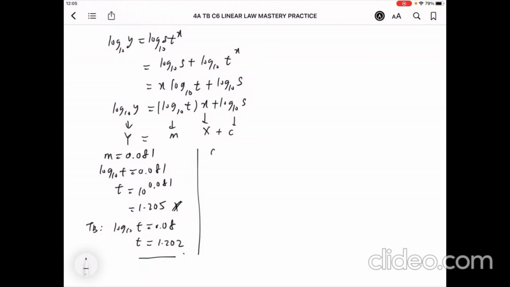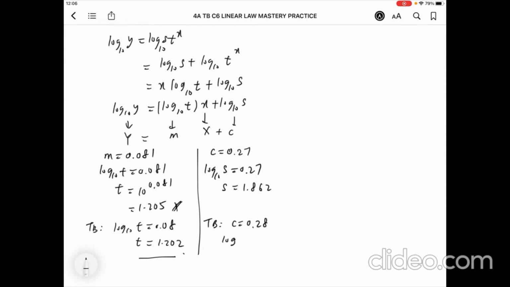And the y-intercept for my graph is 0.27, right? So when log base 10 s equals 0.27, your s is 1.862. Again, the textbook got the intercept to be 0.28, which is still okay, I think.